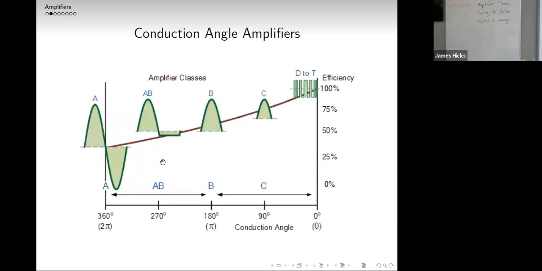So this picture shows a whole lot of stuff going on. Some of the basic amplifier classes.